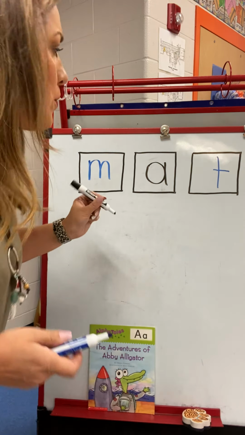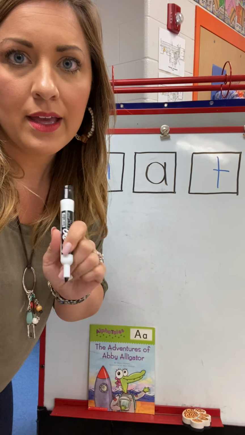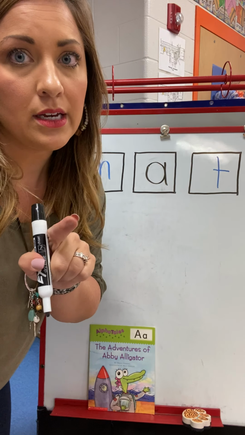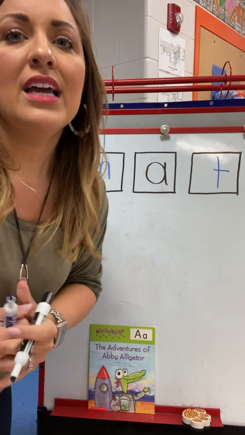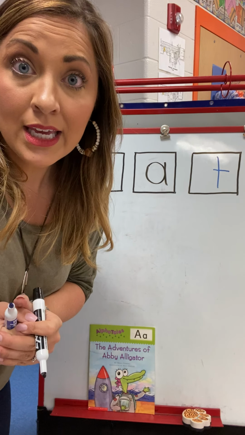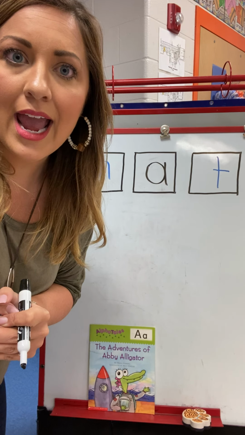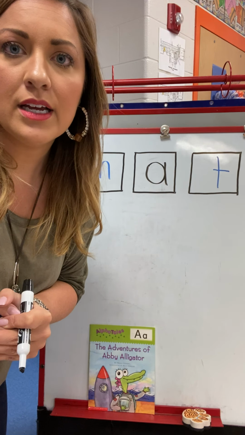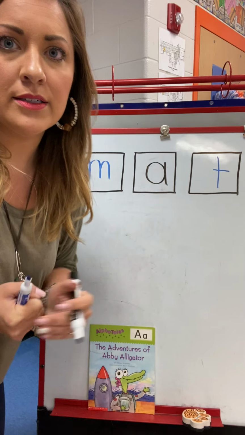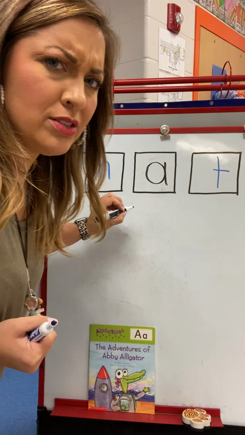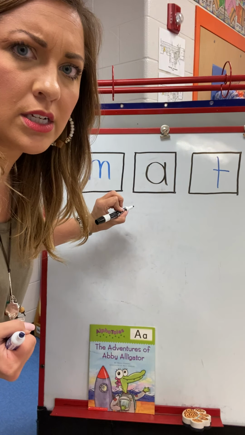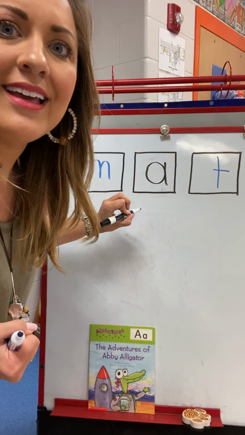This time I'm going to write someone's name, and I know someone named this. You may too. I have a cousin, her name is Tammy, and we call her Tam. Tam. So what sound do you hear first? Tam. That's right.